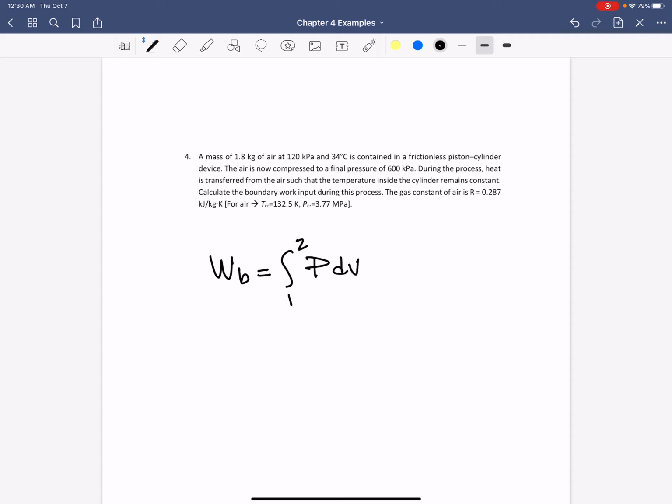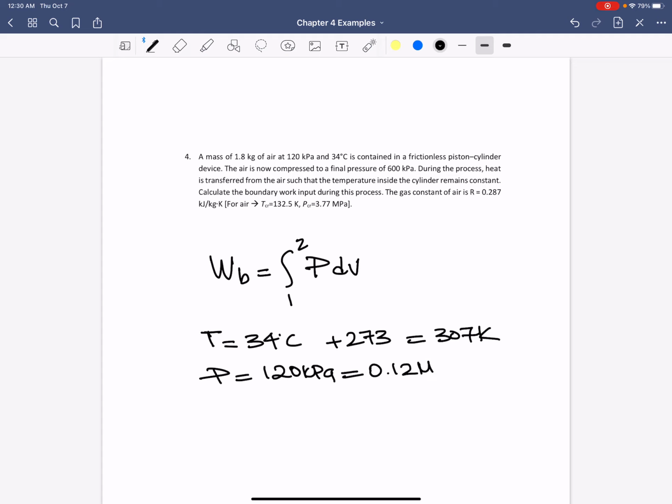Why? The critical pressure and critical temperature given can be compared to the temperature and the pressure of that system. The temperature is 34 degrees Celsius plus 273, which gives you 307 Kelvin. The pressure is 120 kilopascal, which is 0.12 megapascal.